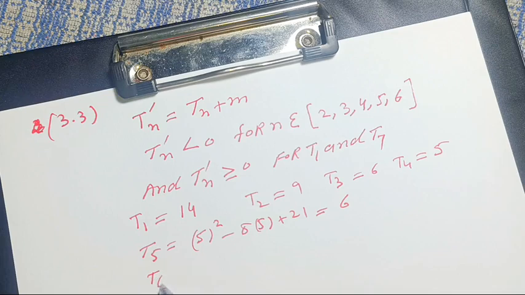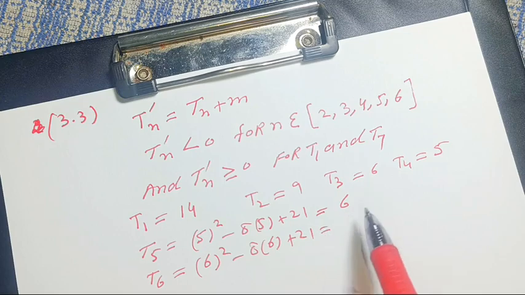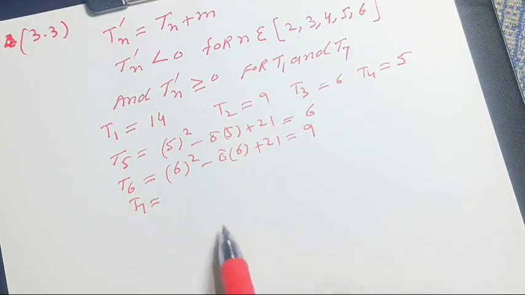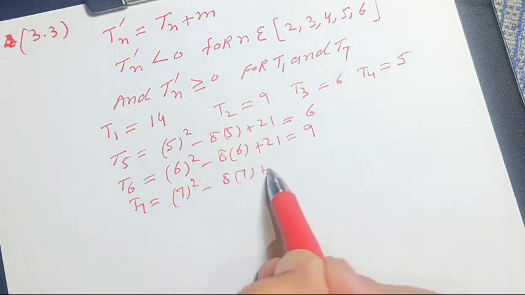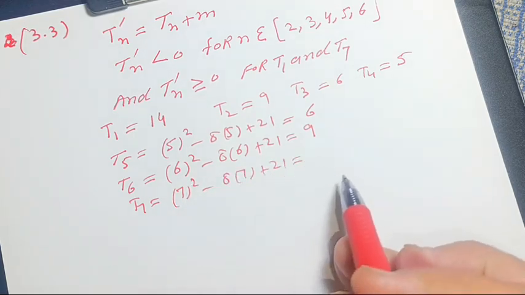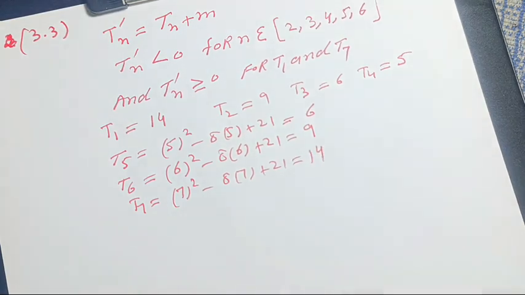And T6 I also substitute into this formula: 6 squared minus 8 multiplied by 6 plus 21 is equal to 9. T7 also is 7 squared minus 8 multiplied by 7 plus 21, which is equal to 14.